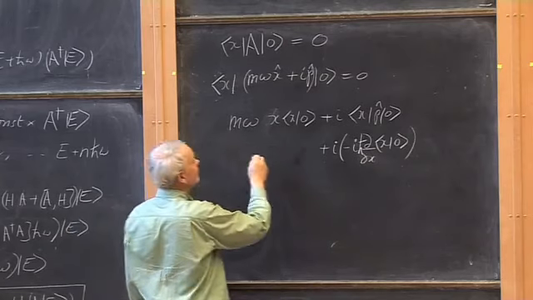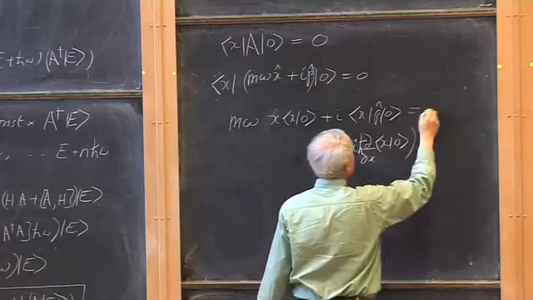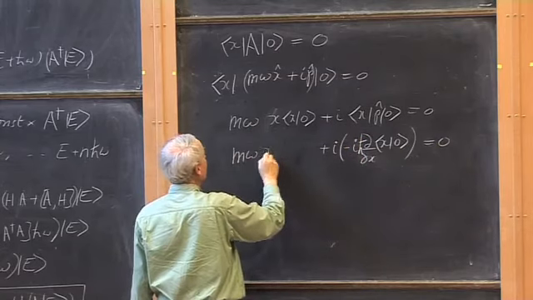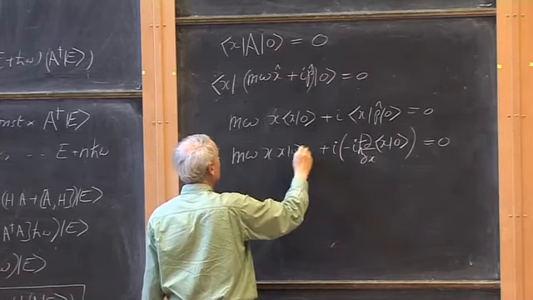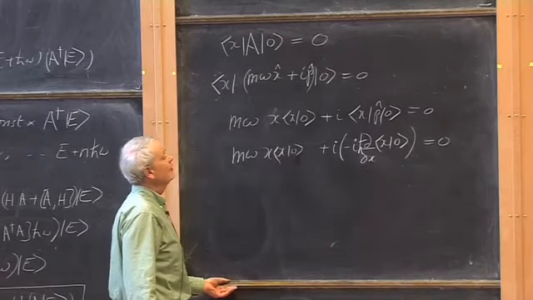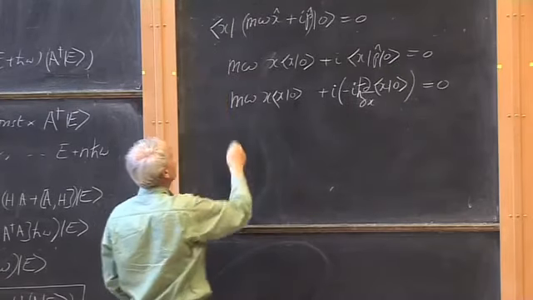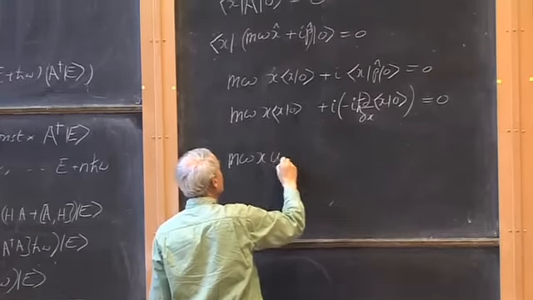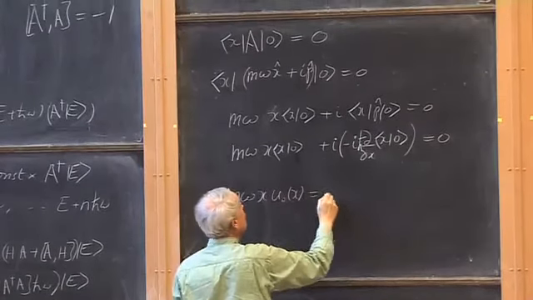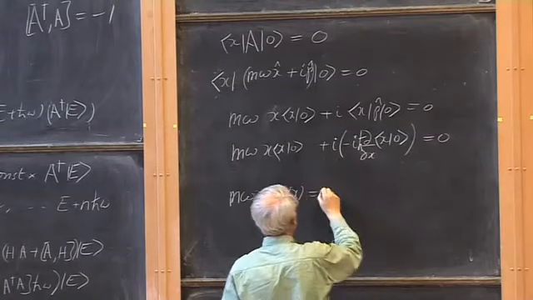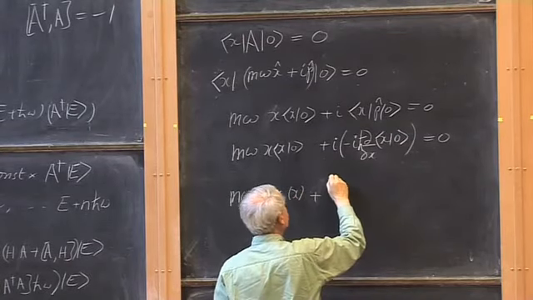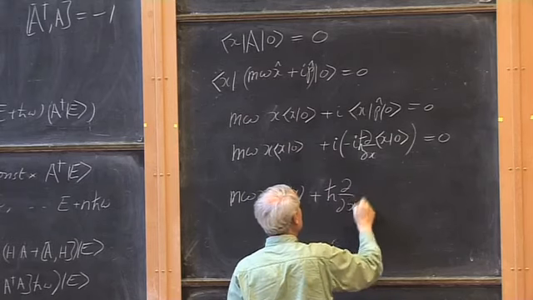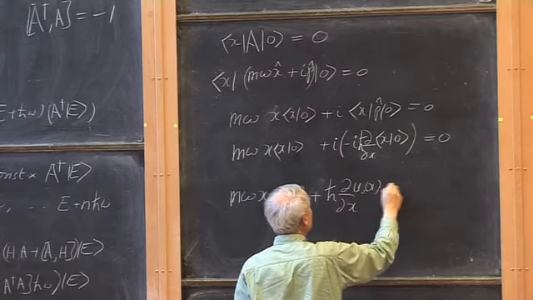So I need to write some more stuff down. This is equal to 0, provided I put in the m omega x. If I rewrite that in wave function notation, that becomes m omega x u naught of x plus h bar d by dx of u naught of x equals naught.